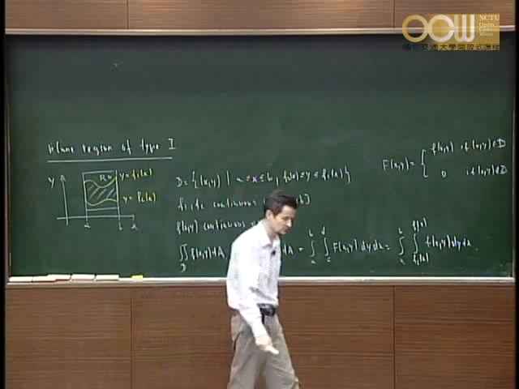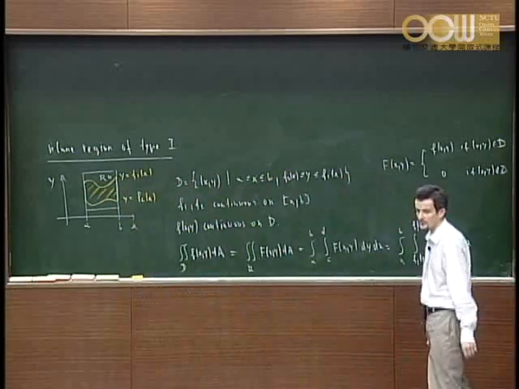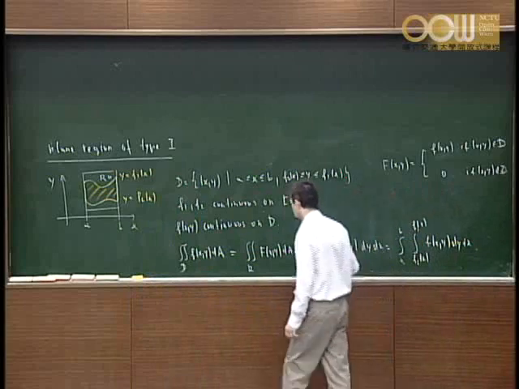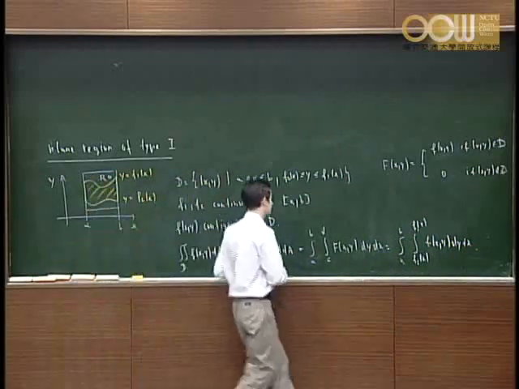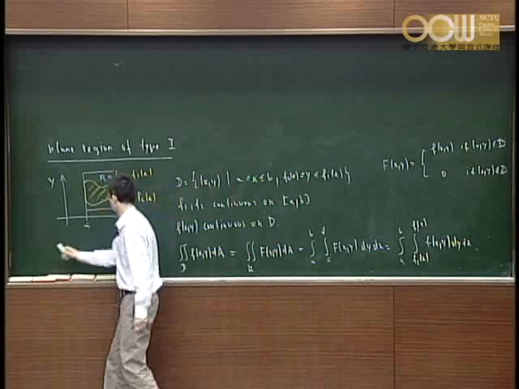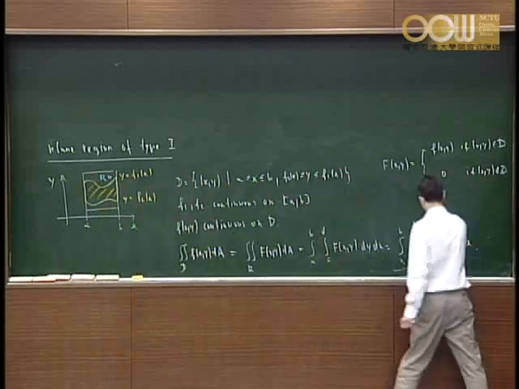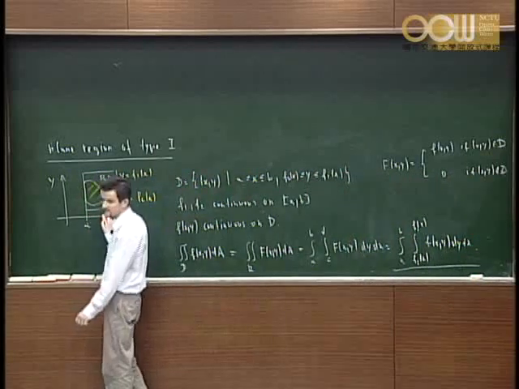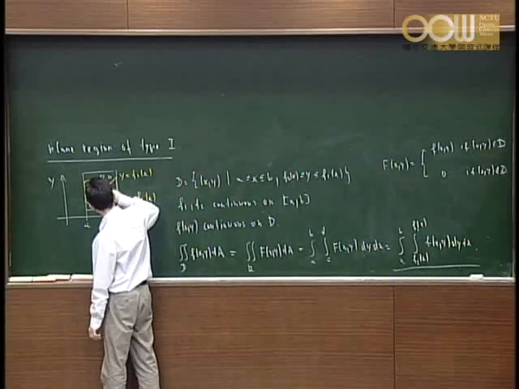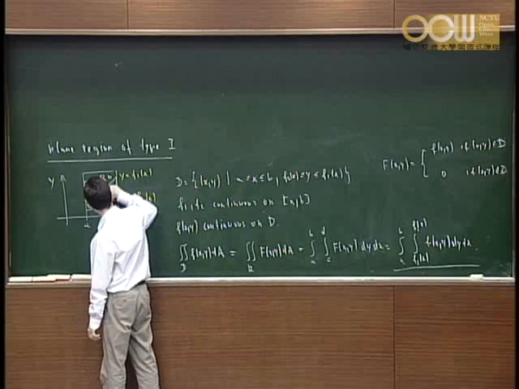That's the way we can compute the double integral of a function over a plane region of type 1. You can think about it like this: you fix an x, and then you compute this length.